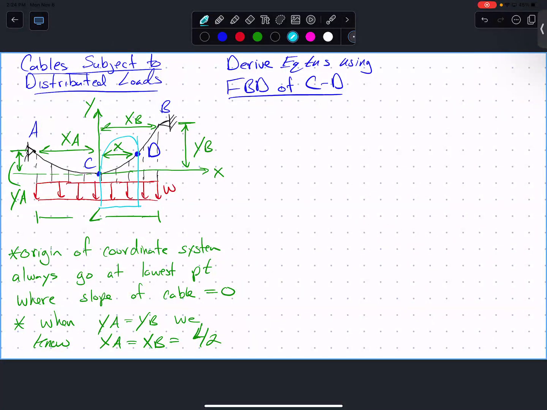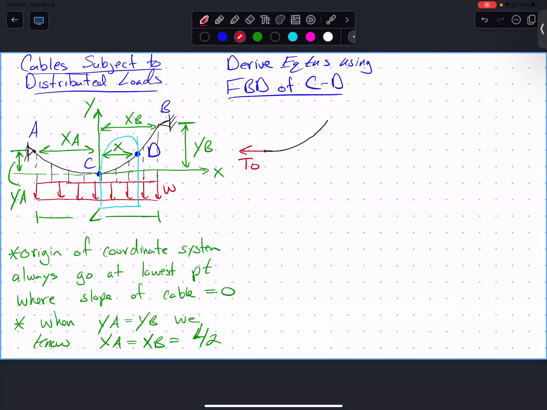Our FBD then is going to have a 0 slope down here, and then it's going to increase in slope up to there. That spot right there, that is T naught. That's our minimum tension.